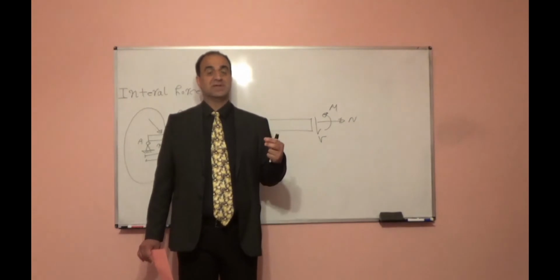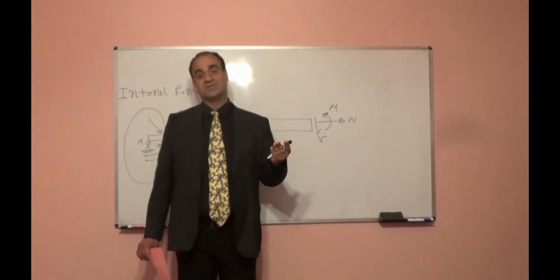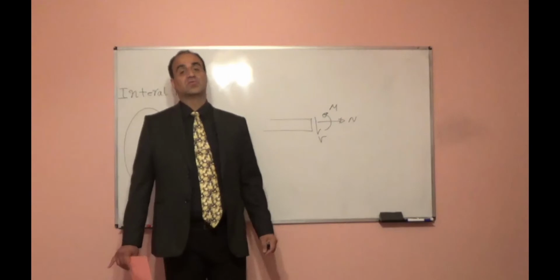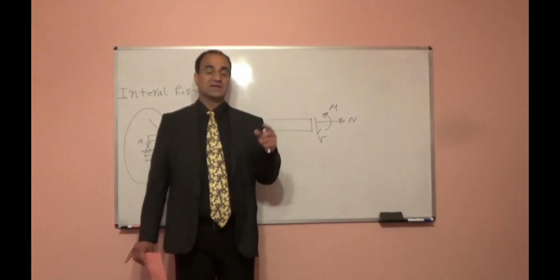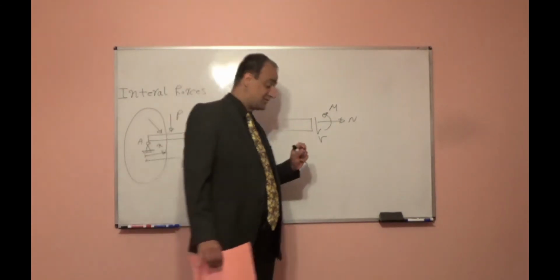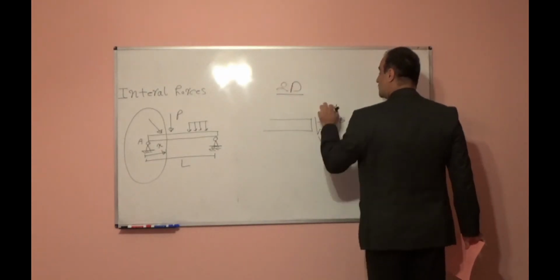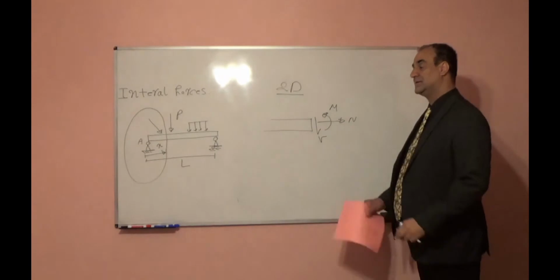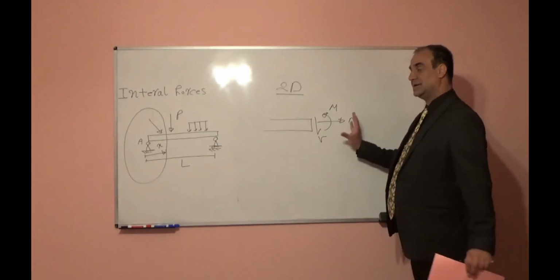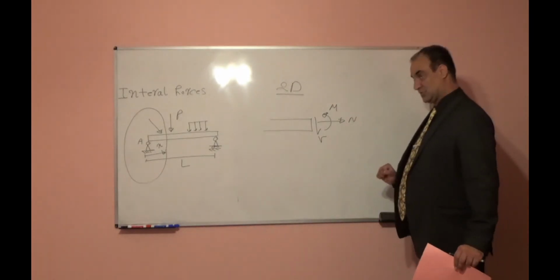In that case we will have axial force, 2 shear forces, 2 bending moments, and 1 torque. So altogether we will have 6 internal forces. For 2D plane structures, only 3 internal forces are enough to satisfy equilibrium.